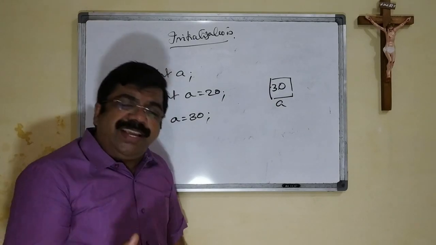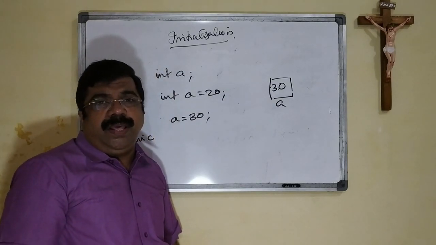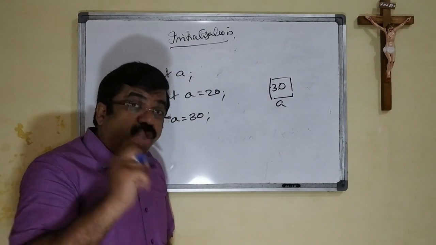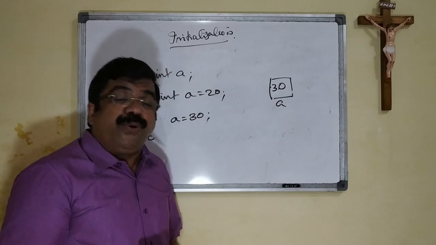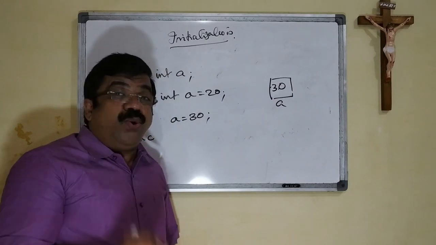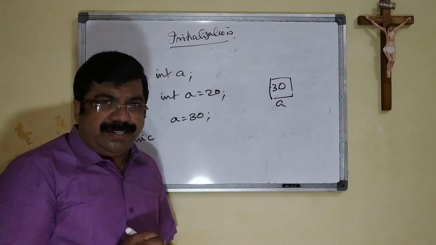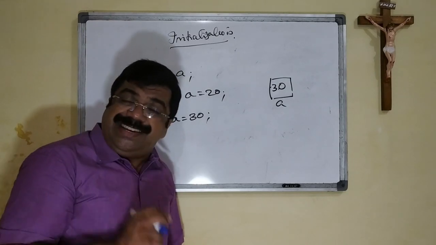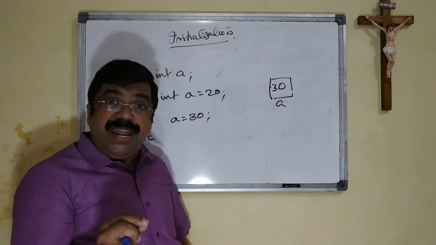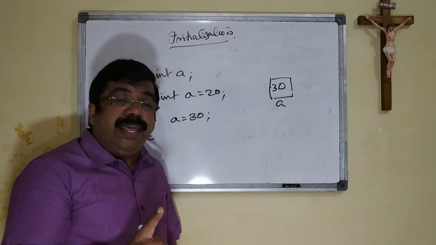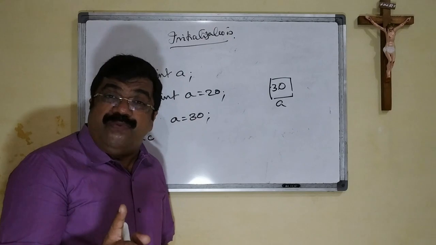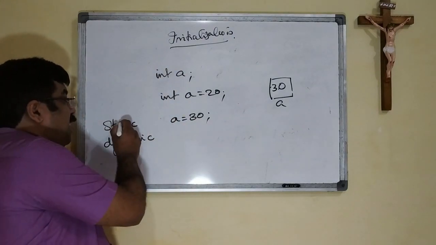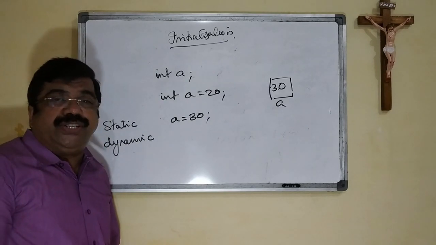What is static initialization? A variable gets its initial value during the compilation process. That is known as static initialization. It is not because of the static keyword. When the compiler is compiling a program, if a variable gets a value, we will say that it is static initialization.